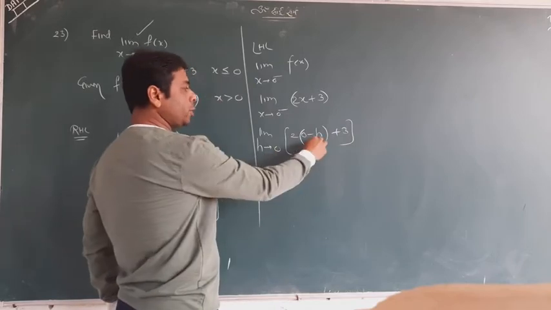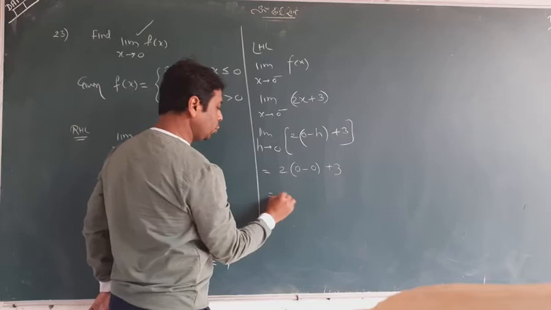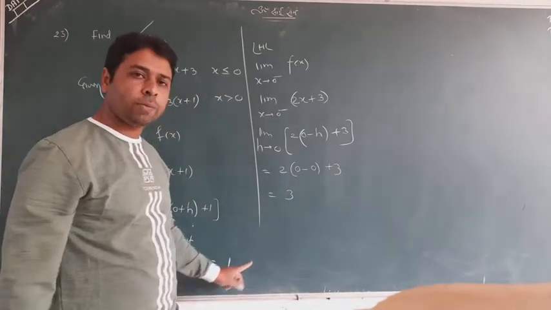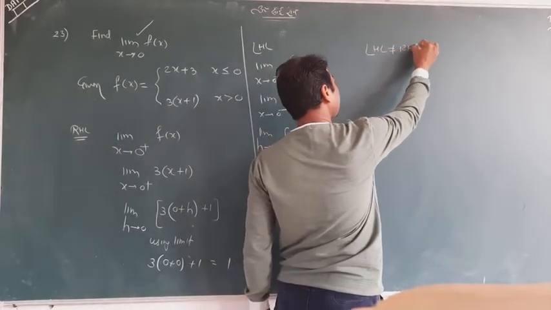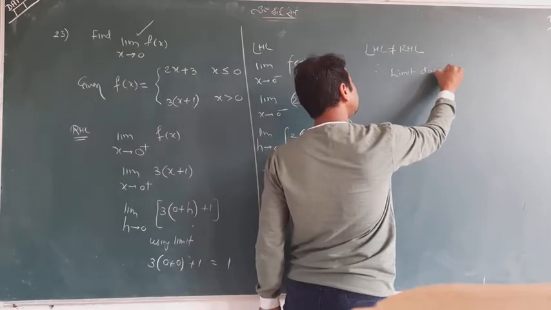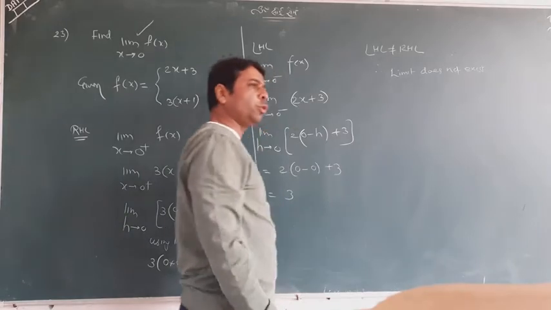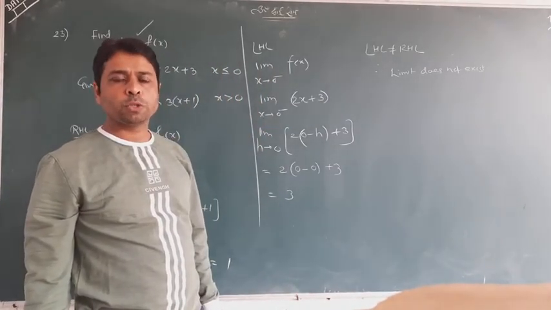When h tends to 0, we get 0 minus 0 plus 3, which is 3. Unfortunately, these are not equal. I will write left hand limit is not equal to right hand limit, so the limit does not exist. You finish your question here, as you cannot find the value of the limit. So this was the first question.